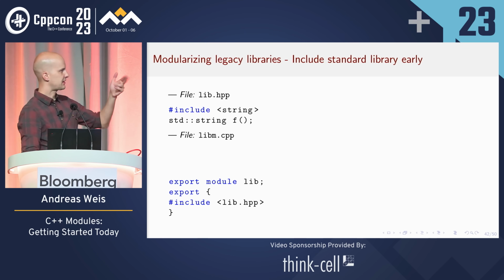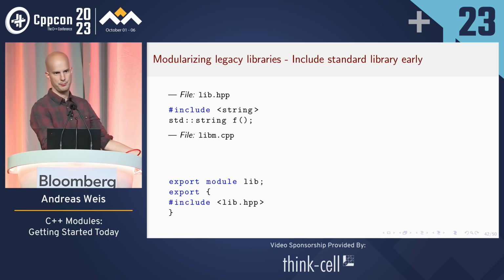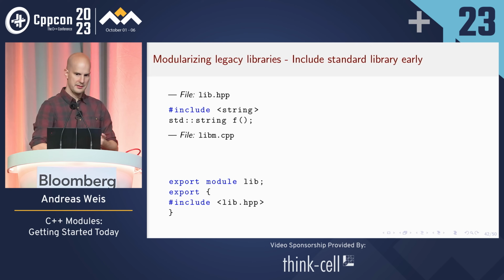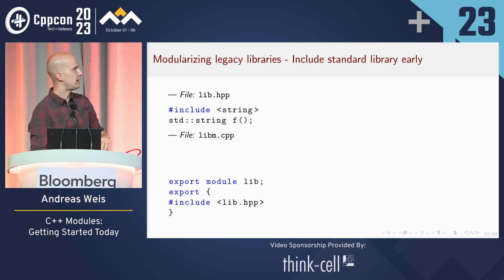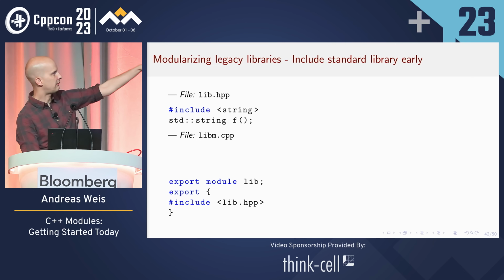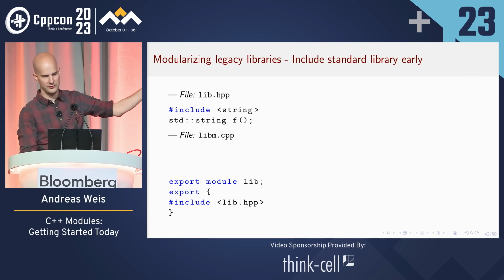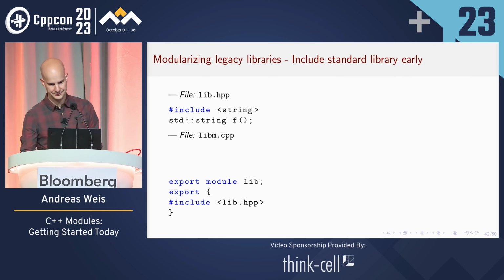I just want to say, everything that is in the header, I want to export it, right? I want to make this available under the module interface. And now you have exactly this problem: because you do the include string in lib.hpp, it will try to export everything that is in the string header as part of your module, and that will probably break.